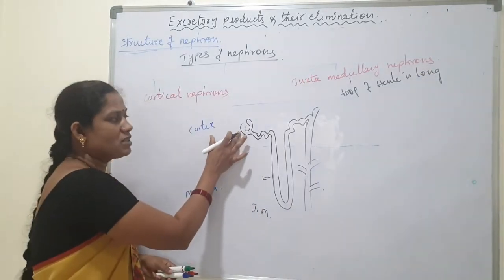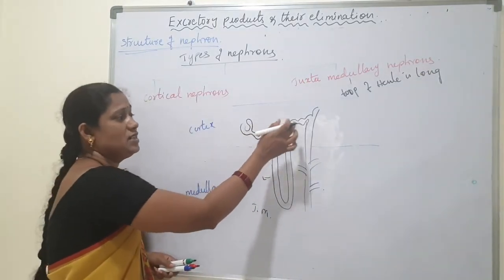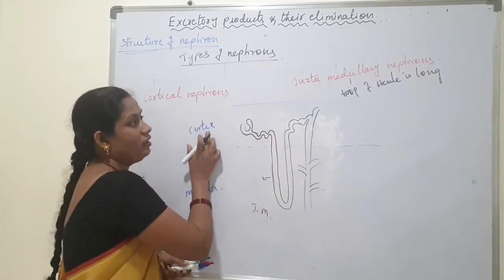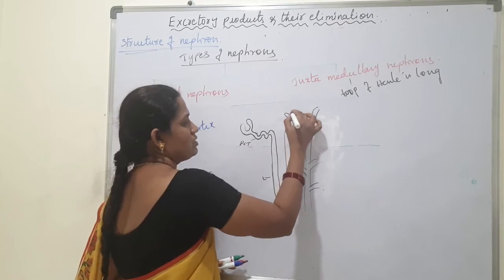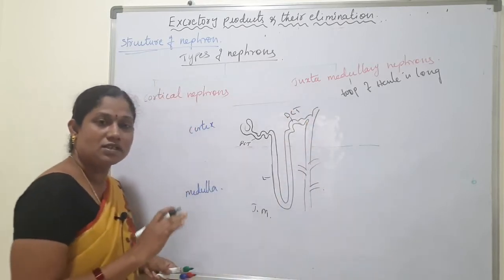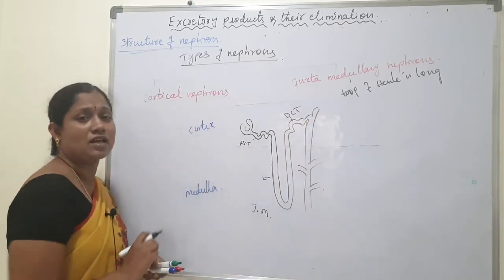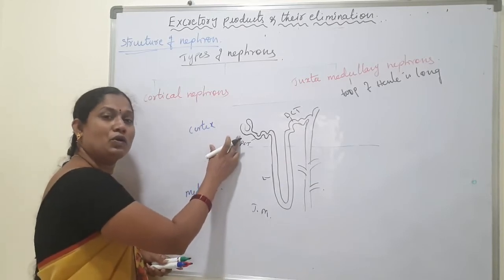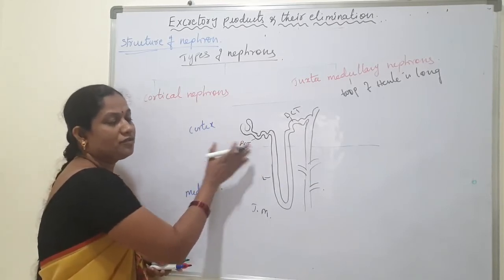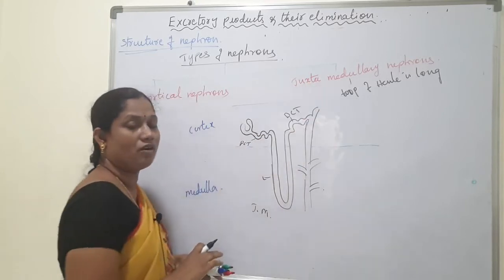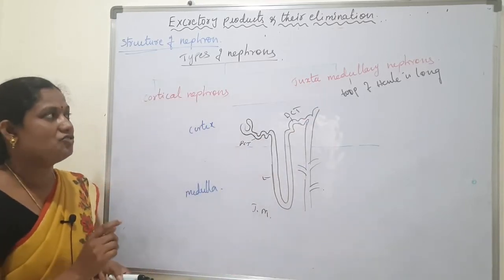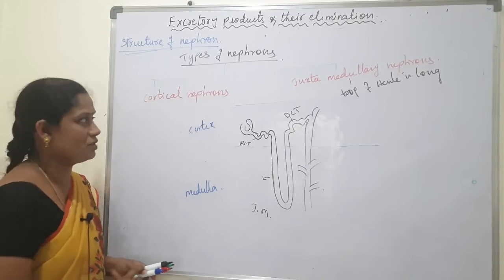The Bowman's capsule, PCT and DCT are present in the cortex region. This type of nephron is called a juxtamedullary nephron. Normally in human beings, these juxtamedullary nephrons are present.